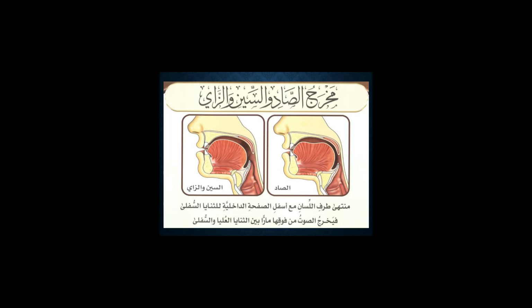This is the middle plate where the upper and lower incisors meet together, the center part. Some people touch it slightly on the lower end, some slightly at the upper end. It doesn't matter as long as you touch where the teeth meet, close to that area. So the tip of the tongue touches the middle plate of the teeth.